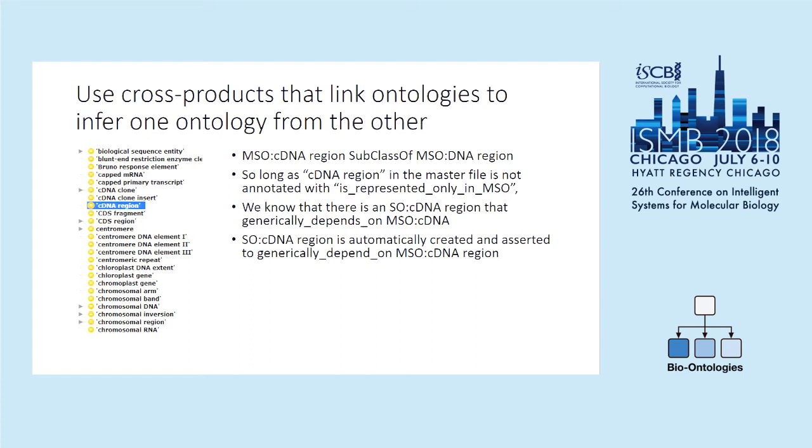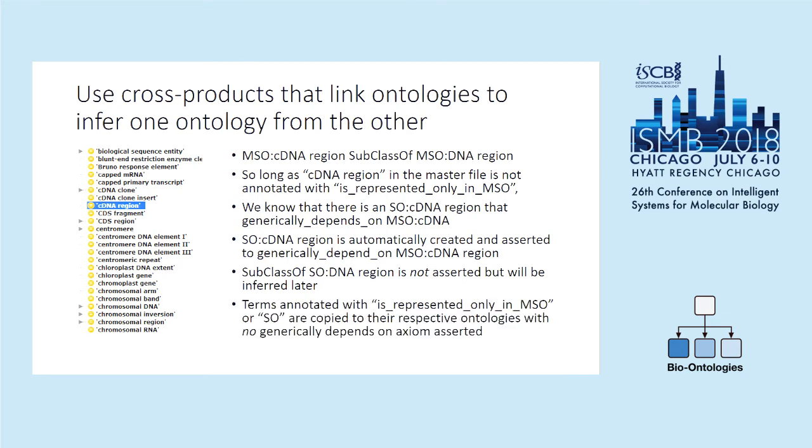And we don't need to assert that it is a subclass of the DNA region, as we will infer that later. So we don't need to copy, say, any subclass of or equivalent to axioms over from the MSO base class.